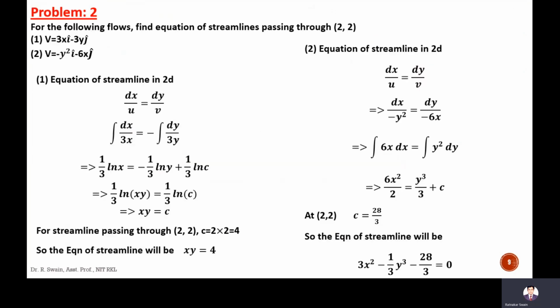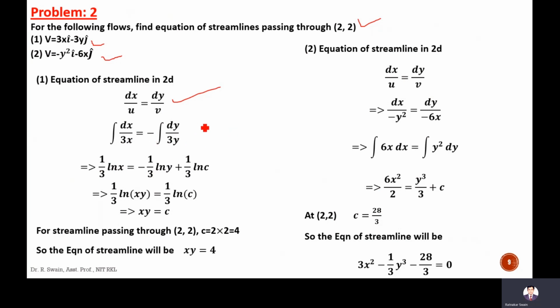Okay, let's solve one problem on the streamline. These are the two equations given. For the following flow, find the equation of streamline passing through the point (2, 2). First equation, V equals 3x i cap minus 3y j cap. Equation of streamline will be dx by u equal to dy by v. So u is 3x, v is minus 3y. If you integrate both sides, it will be 1 by 3 ln x equal to minus 1 by 3 ln y plus a constant, 1 by 3 ln c.